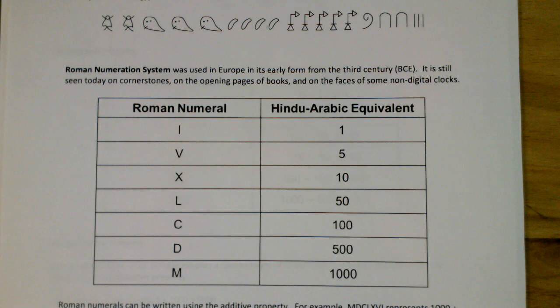Some watches and some non-digital clocks do use Roman numerals. And also, if you look at books, and it could be textbooks or whatever, usually they use Roman numerals in the opening part of books before they start using what they call the Hindu-Arabic system to number their pages.